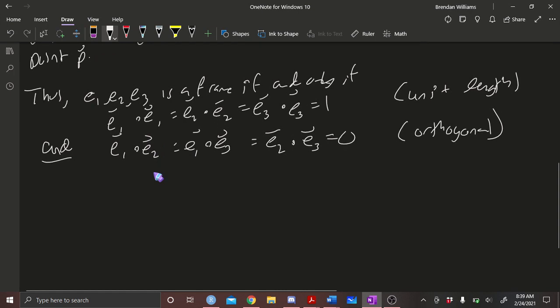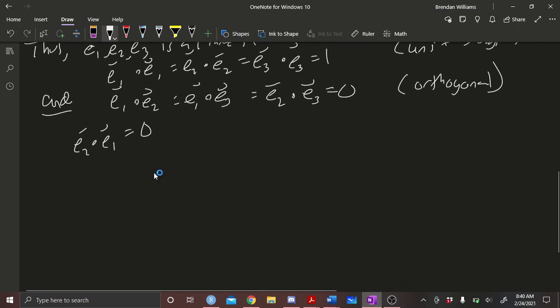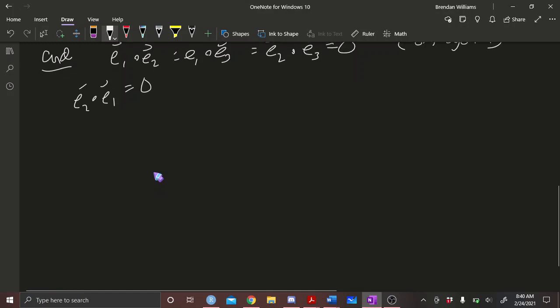Of course the dot product is symmetric. So we also know that, for example, E2 dotted with E1 is also 0, and the same goes for the other backwards E sub i's.